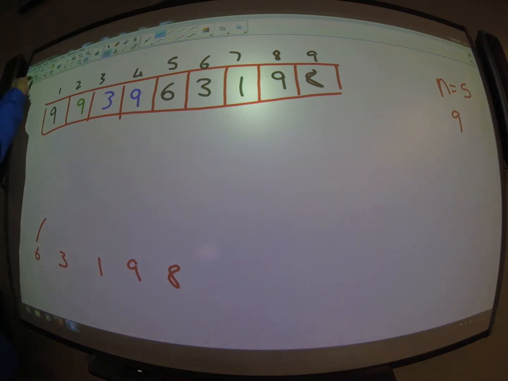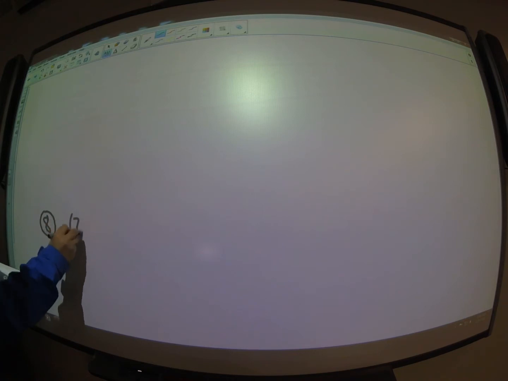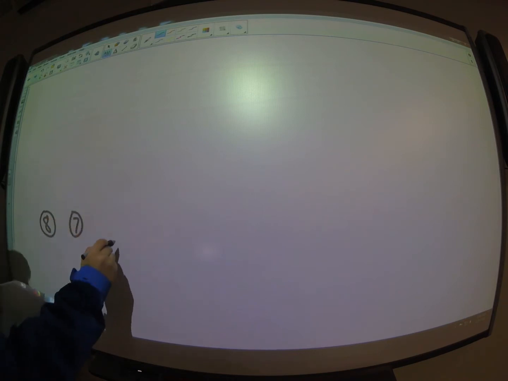Now, I stressed the other day while we were trying to find the max or min that in order to do this, pairwise comparison is absolutely necessary. But think about what will happen in this situation. If I choose my elements like this, I wonder whether these are the same numbers that I'm using.